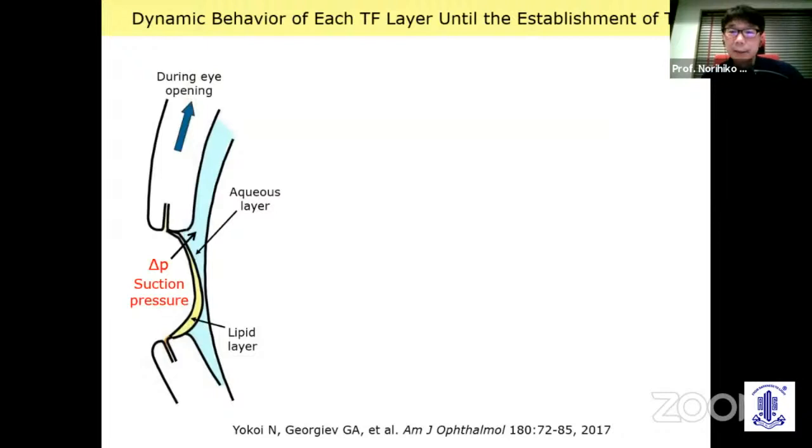This slide shows the dynamic behavior of each tear film layer until the establishment of the tear film, theoretically. This is a cross section, this is the upper lid, and this is the lower lid.